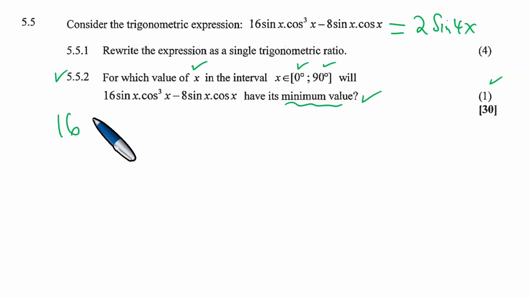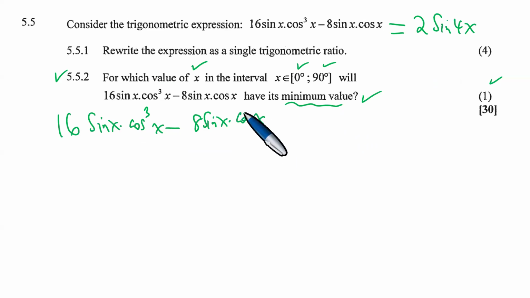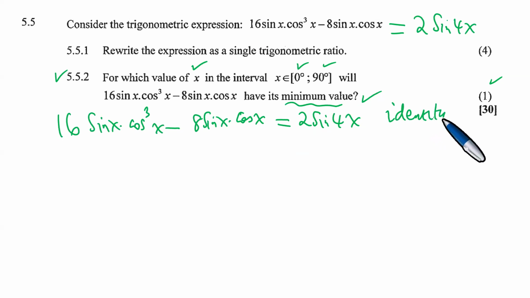If you have 16 sine x cosine cubed x minus 8 sine x cosine x, this expression is equal to this, and this becomes an identity, because it's true for all values of x. It's a law in trigonometry. Now, for which value of x in the interval will this expression have its minimum value?